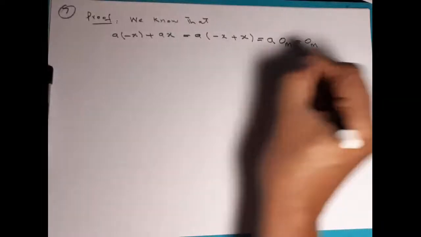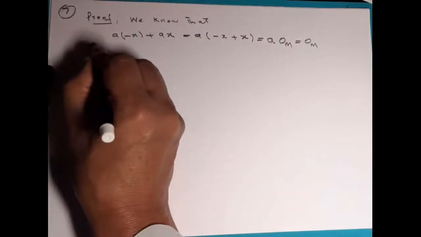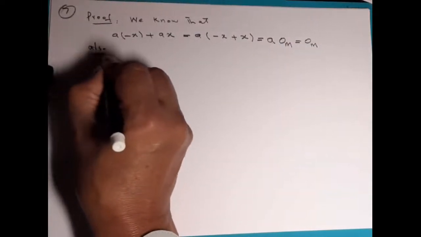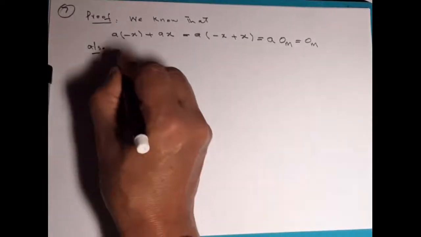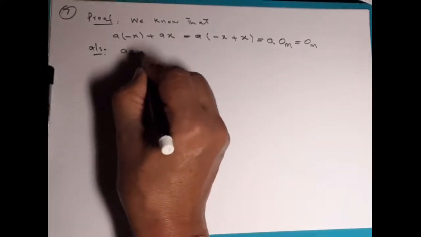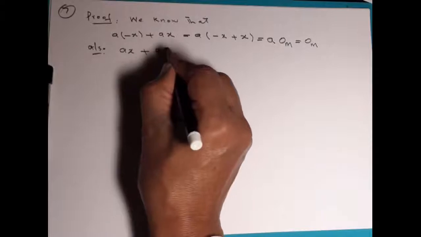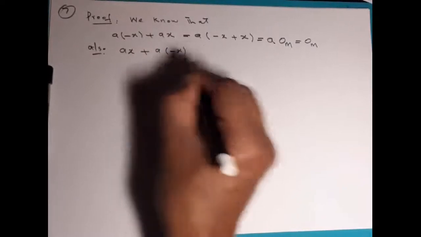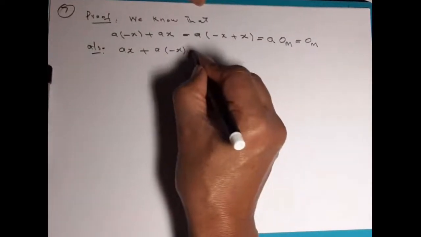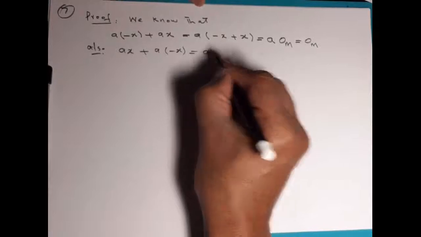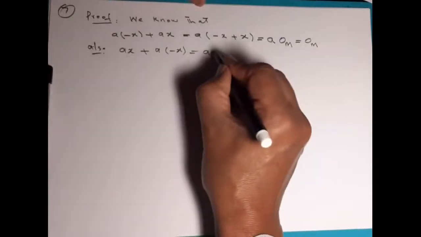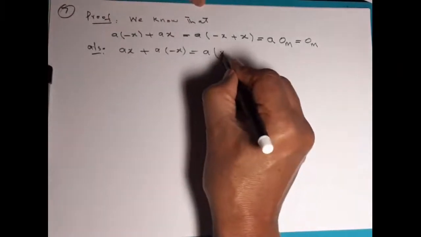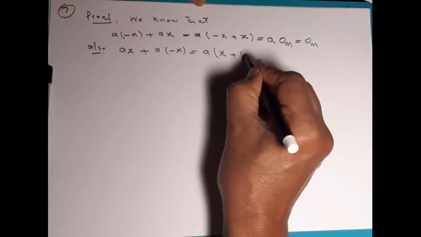Also, Ax plus A into minus x is equal to, again using that condition of module, A multiplied with x plus minus x.